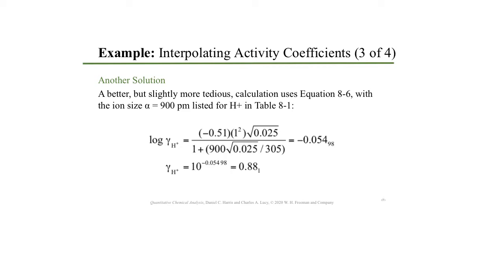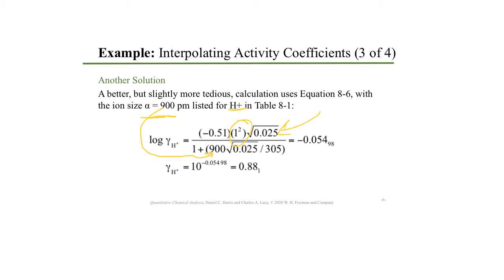So if you were looking for something like H+, you would look up in the table that the size is 900 picometers. That's where this would then go in here. Again, ionic strength would go in here. And then this 305 is fixed. This minus 0.51 is fixed. Here's the charge, 1 squared.